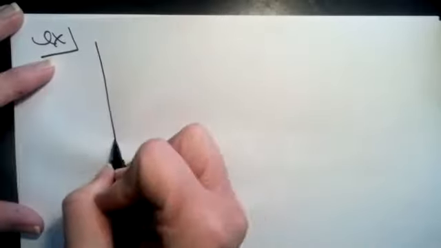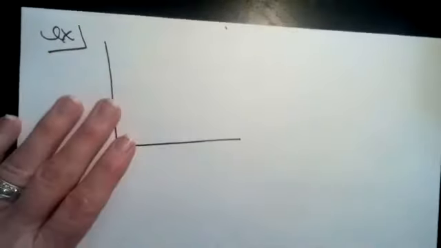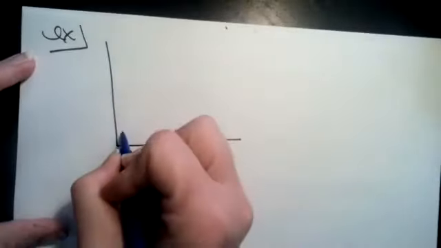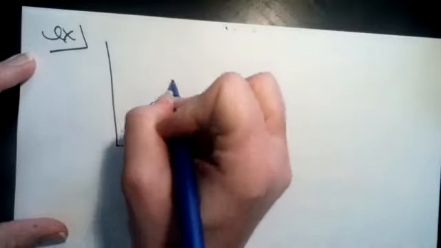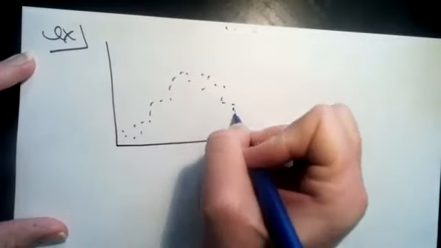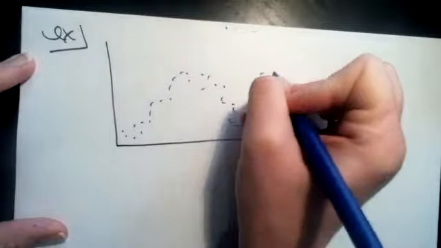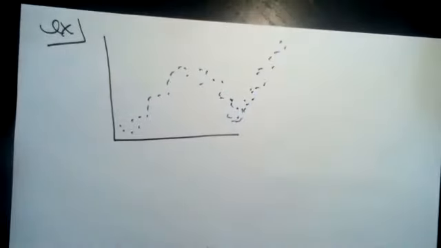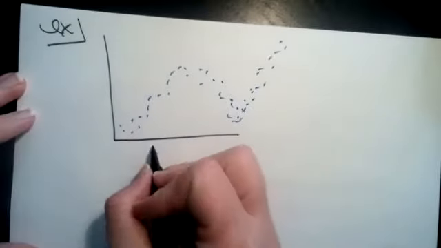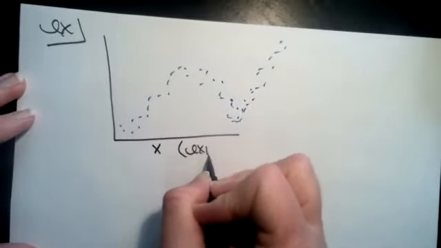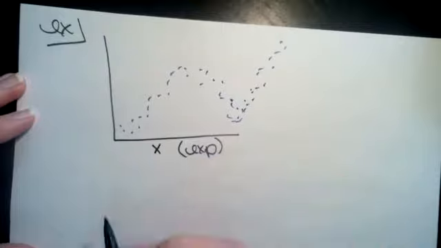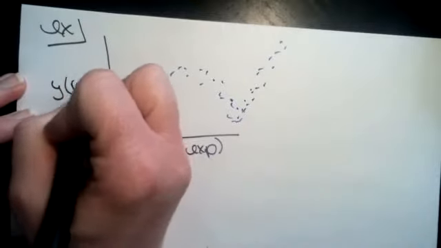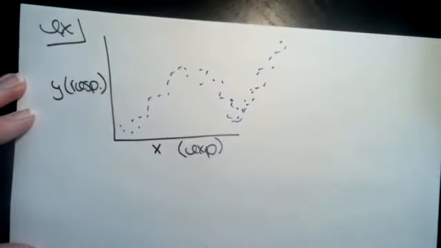So for our first example, what if we have a graph that looks something like this? You guys see all that? Of course you can, because I have it zoomed in really good. So I have my X, which is my explanatory variable, and then I have my Y, which is the response variable over here.